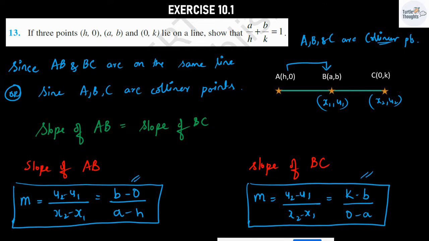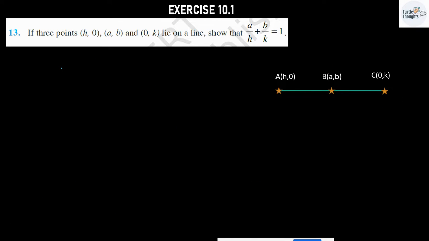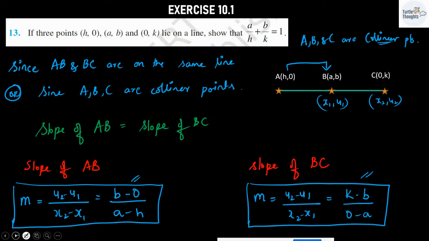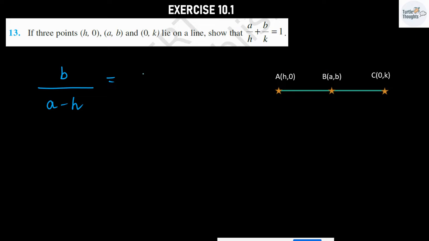So this I can write as b divided by a minus h. This should be equal to k minus b divided by 0 minus a. Can I write as minus a itself? So k minus b whole divided by minus a. Right? With me?